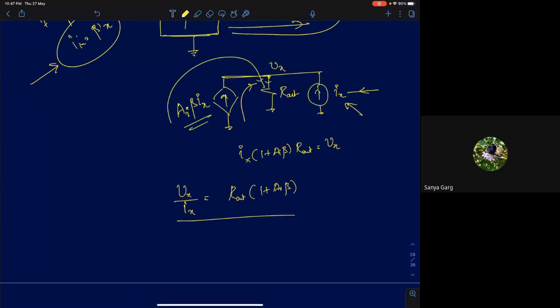So both these currents feed into R out, and a large voltage is developed. So for the same current, a large voltage is developed. So the circuit Ix is going to perceive a really large output impedance. So output impedance will be R out into 1 plus AI into beta. So that's your output resistance for a current amplifier. It has increased by a factor of 1 plus AI beta.